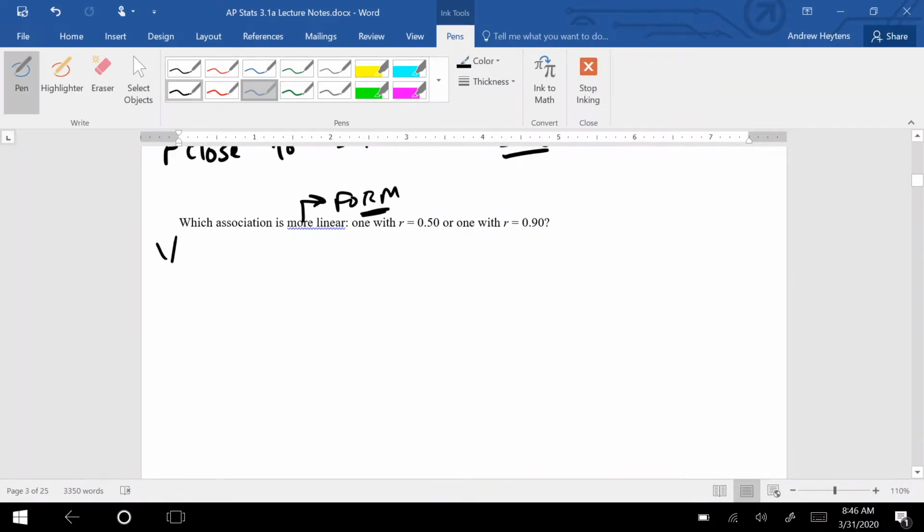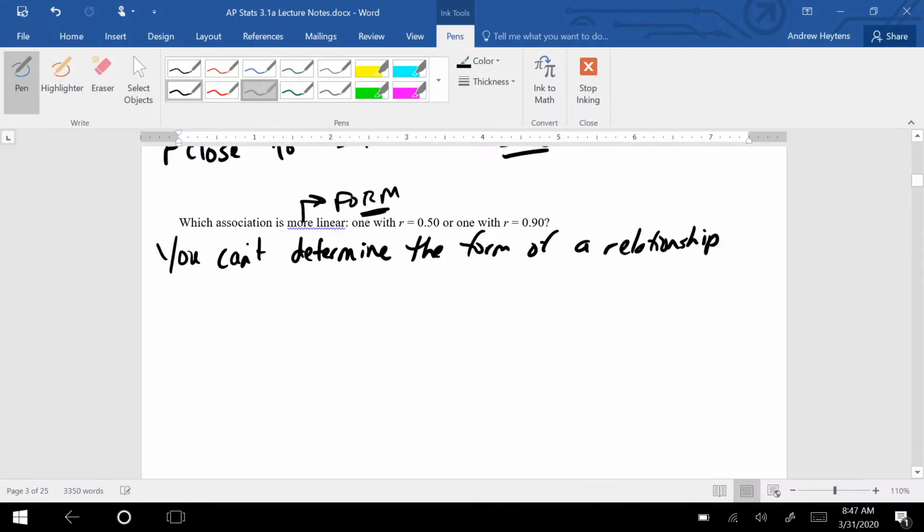So you can't determine the form of a relationship using only correlation.